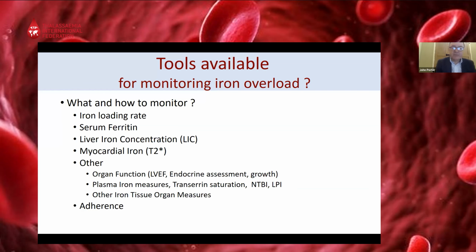So we can have broad policies, which are great, but we do need to tailor for the individual. And we know that the variability in ferritin only accounts for about 50% of variability in liver iron, and that's at standard levels. It's even more variable at high levels of iron load.